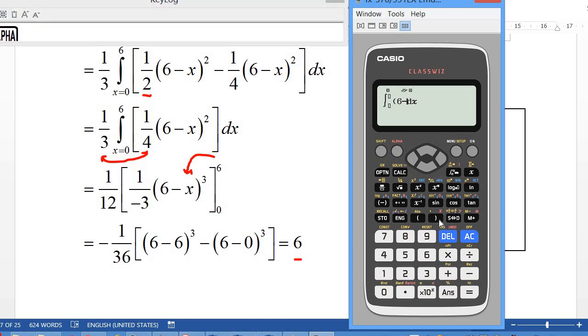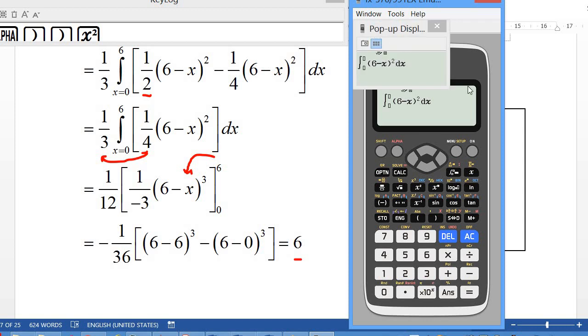Type 6 minus x, make it bigger, squared, and then you are going to integrate from 0 to 6.